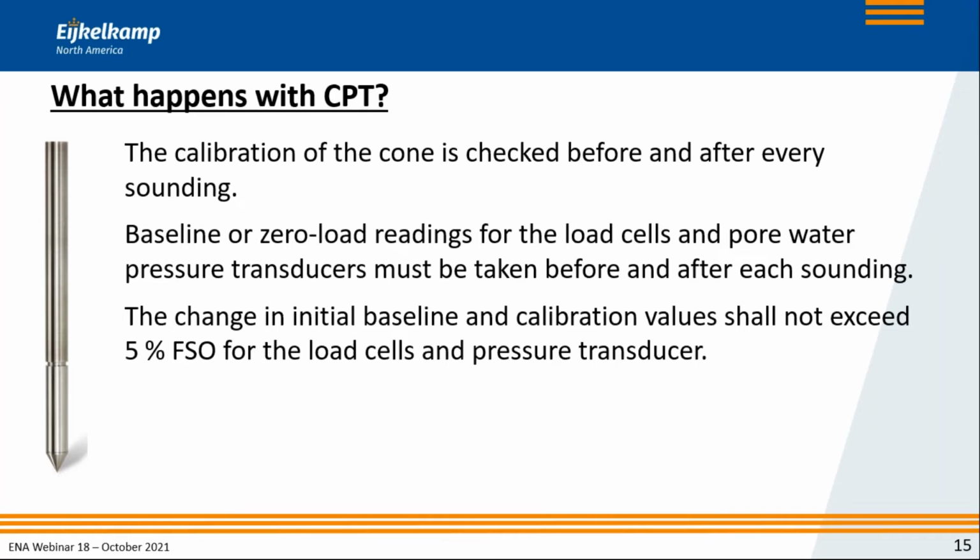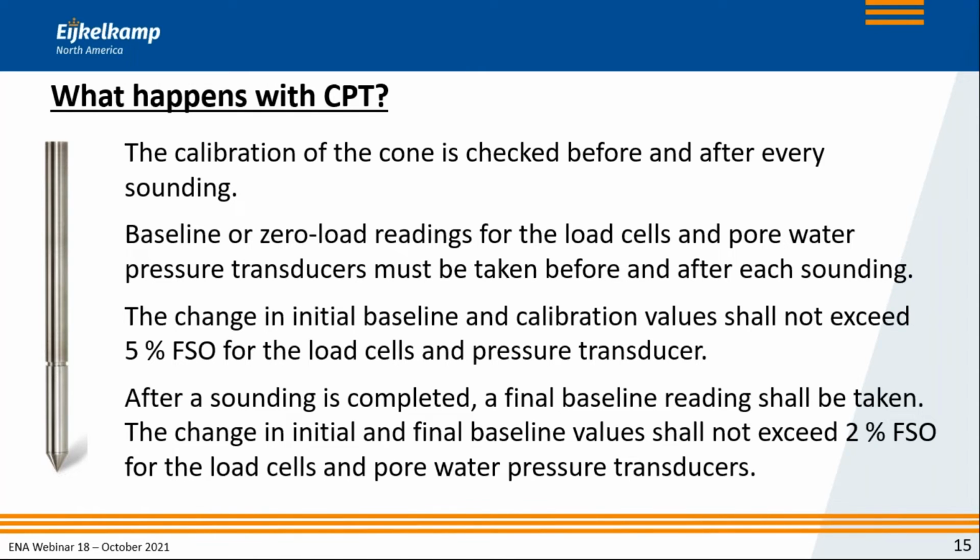Then we push the cone in the ground, and when it comes back out of the ground, before we finish our whole process, we again have the cone hanging free, and we check those zero readings again, but then we compare them with the values before we pushed the cone in the ground, and they should not differ more than 2% of the full scale output.